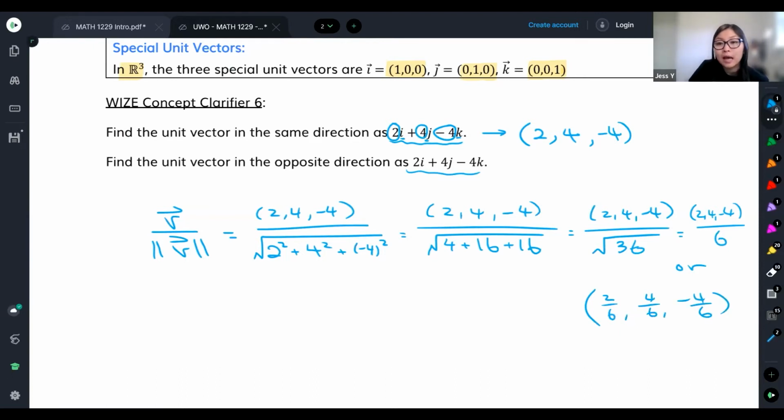So they will write it like that. And if you look at each pair of numbers, we can reduce it further, right? Because each one is an even number. Each one's a multiple of 2. So we can simplify by dividing each one by 2. So we get 1 over 3, 2 over 3, -2 over 3. So that would be the vector that they want on the multiple choice answer options that is in the same direction as v.